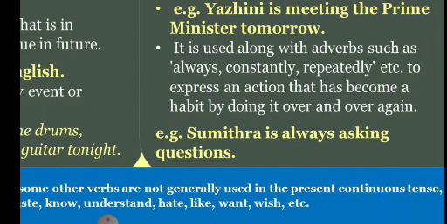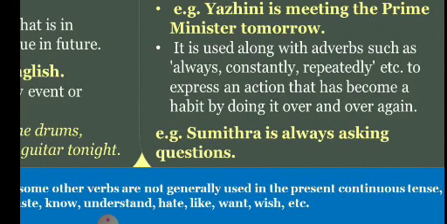It is used along with adverbs such as always, constantly, repeatedly to express an action that has become a habit by doing it over and over again. That is, present continuous with words such as always or constantly or repeatedly expresses the idea that something irritating or shocking often happens. For example, she is always coming to class late.